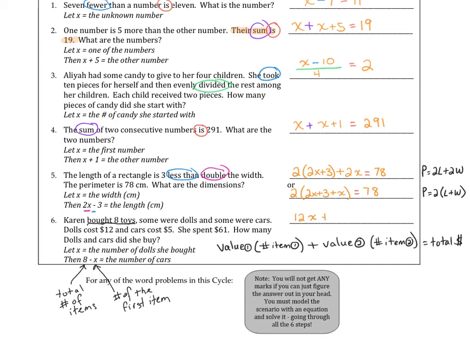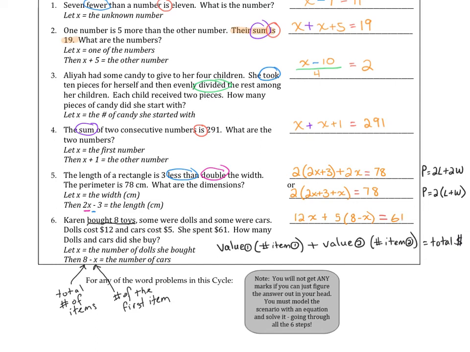And then we're going to add how much a car costs, which is value 2. So that is $5. And multiply it by how many cars. And that is the then part of the statement, which is 8 minus X. And then it's going to total the amount of money, which is $61.